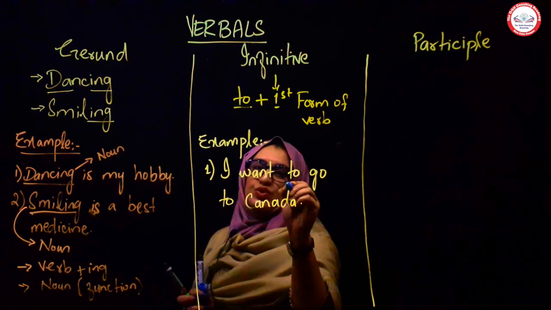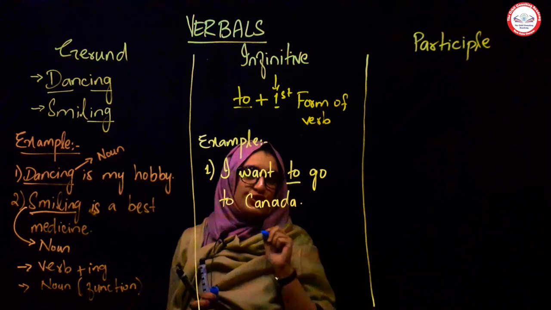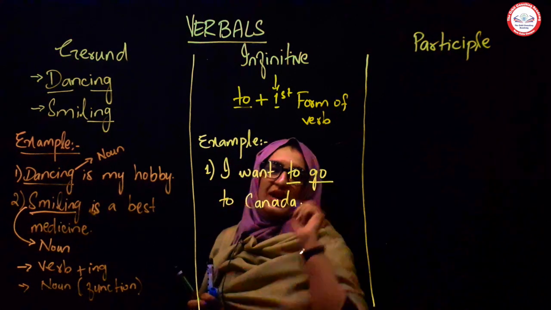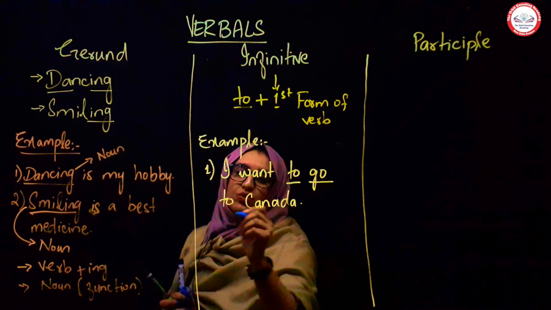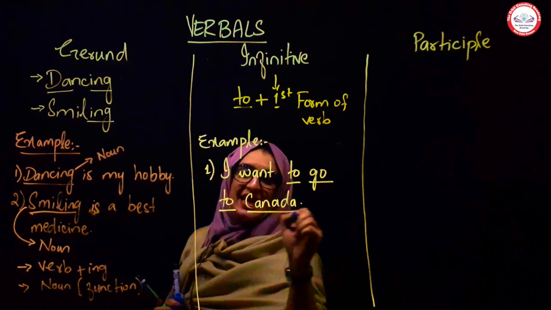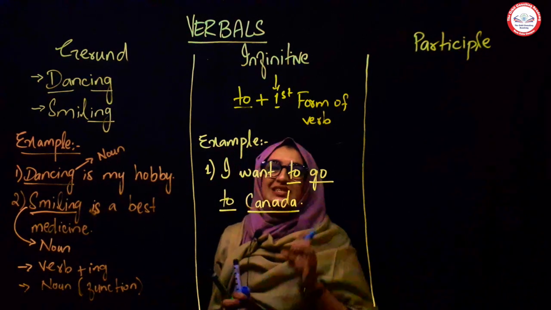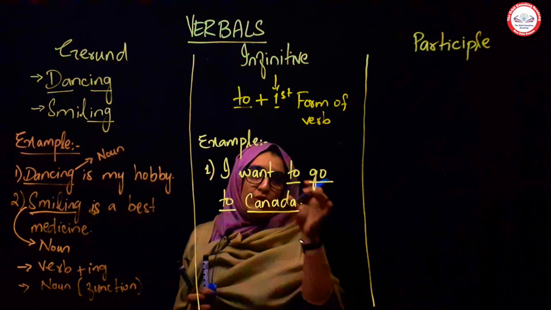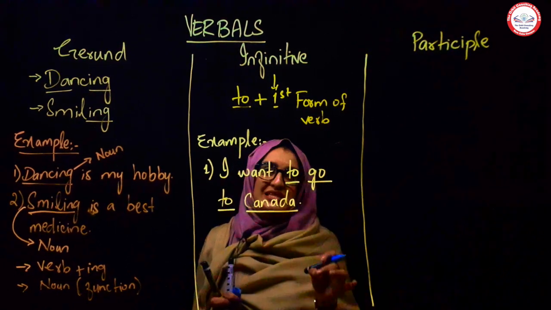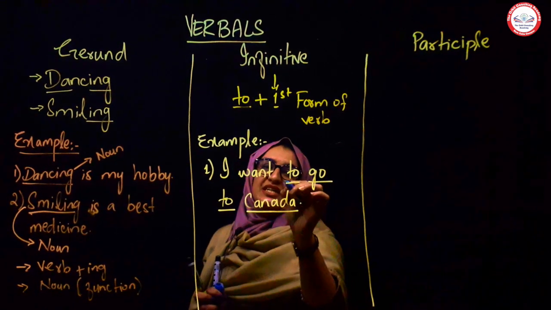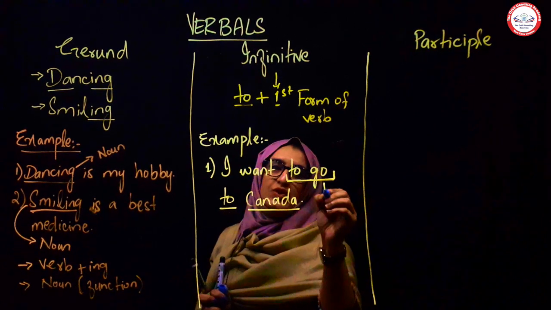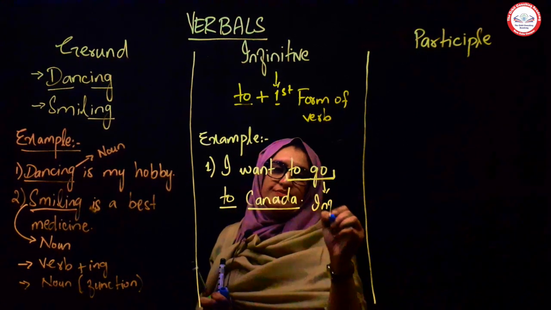You can see that over here, I have used to plus go. The other one is to plus Canada. But Canada is not an action verb, while go is the action verb and this is the first form of verb. That is why we call this one an infinitive.